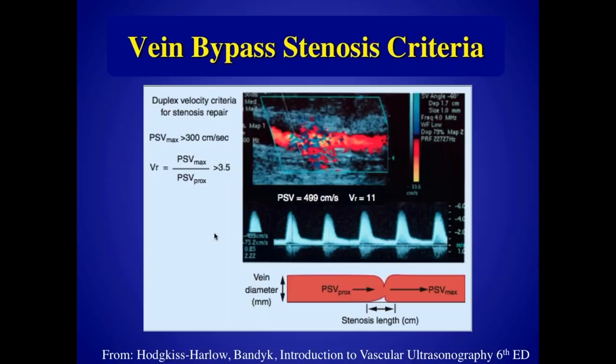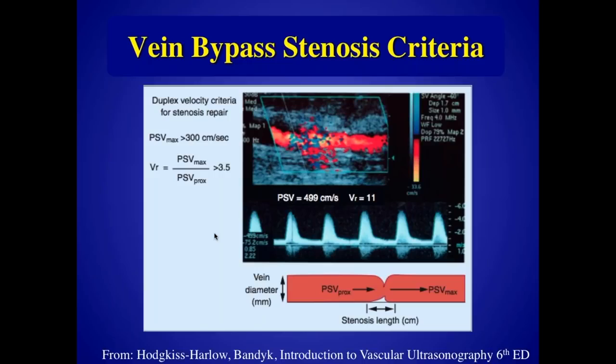Some quick things I'd like to cover as we start to wind down is some of the criteria that we use for patients after intervention or revascularization. So there are specific criteria for evaluating vein bypass.